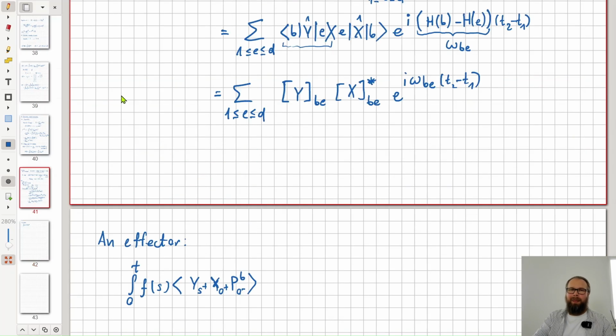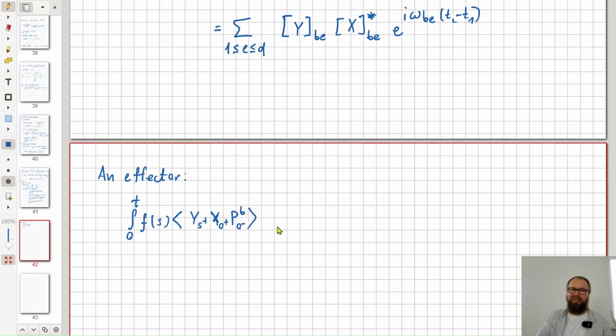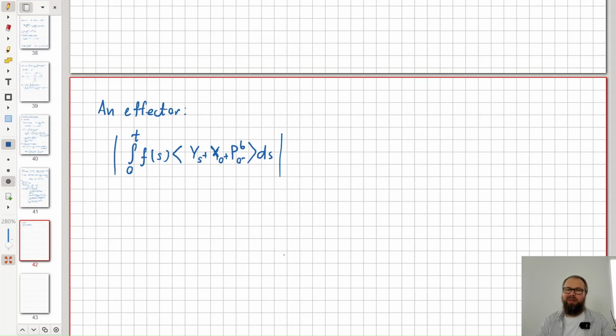Because we know it depends only on the time difference, we can simplify the problem by shifting our time variable to just the difference of time. Let's call it s. This is what happens in the Kubo formula as well. And let's take the absolute value of this, because we want to estimate the effects of the gap.